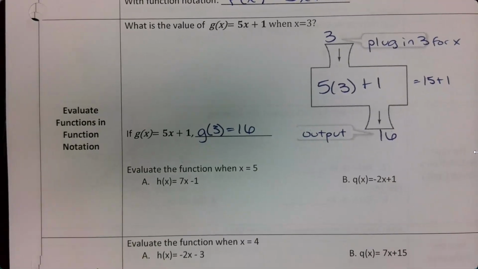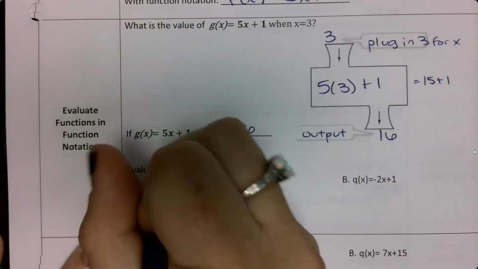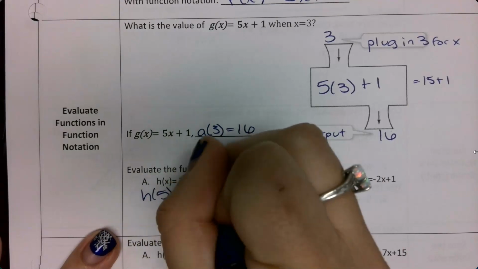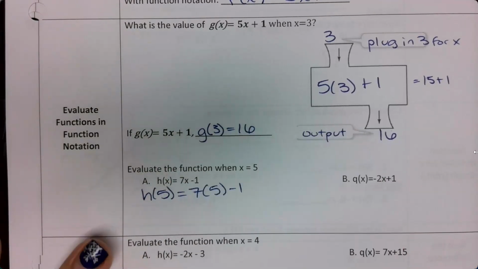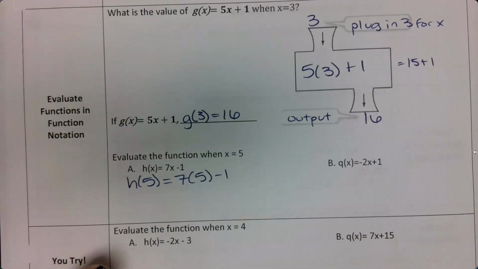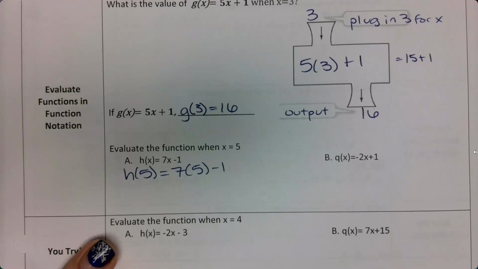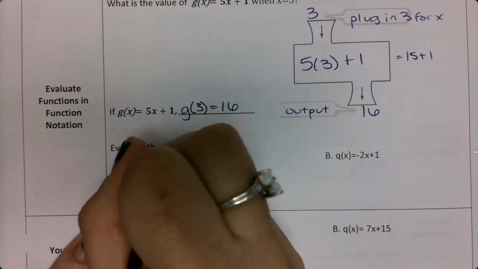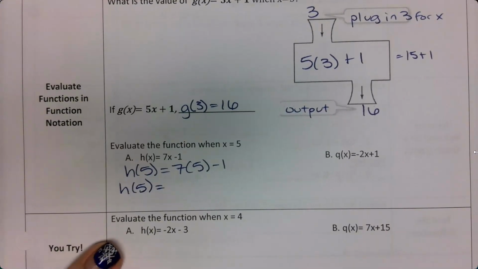So the next part wants me to evaluate the functions when x equals 5. So this first one, I'm going to plug in 5. So everywhere it says x, I'm going to replace with the number 5. So the left side is just going to stay h of 5. This is just telling me I've plugged in 5 into this function.